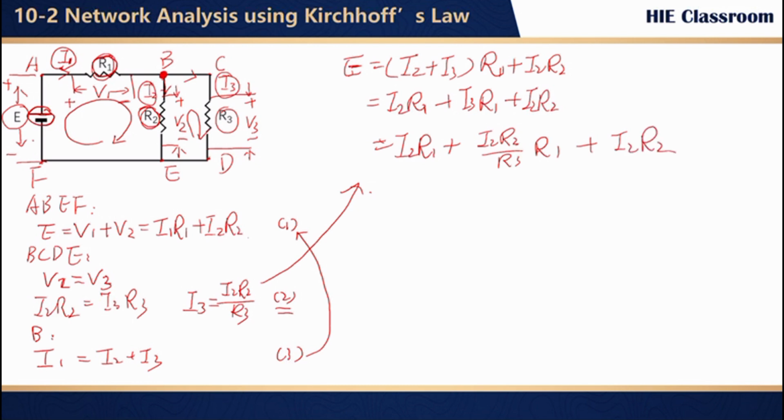Okay, we replace the I3 with an expression in I2. Then we can see the only unknown here is I2, and I2 solved out is equal to E over R1 plus R2 over R3 times R1, and plus R2.